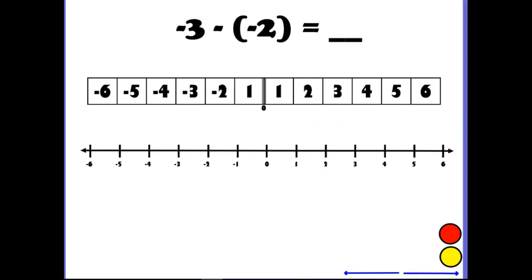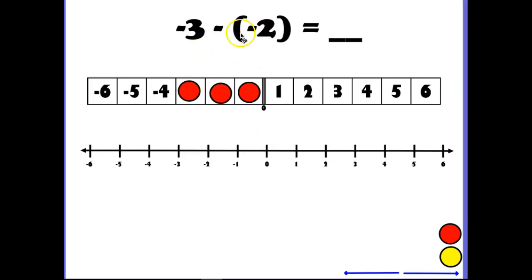So this is another different one. You can try it. You can look at it with counters. I have a -3. And I am going to subtract a -2.